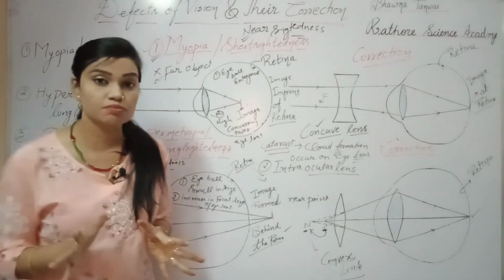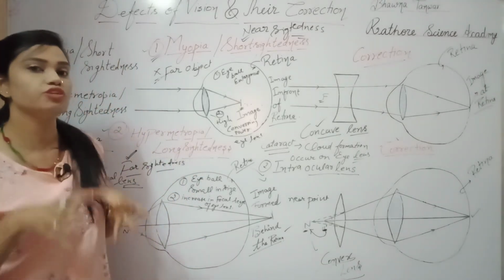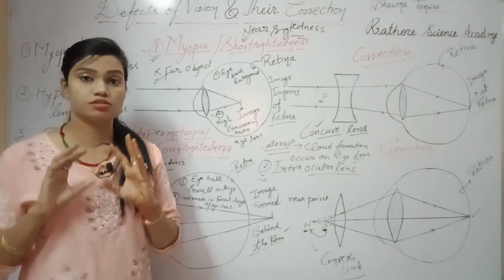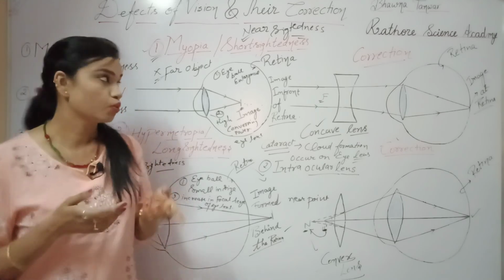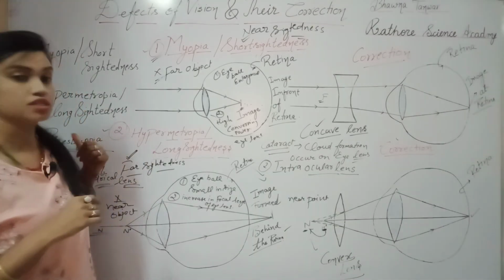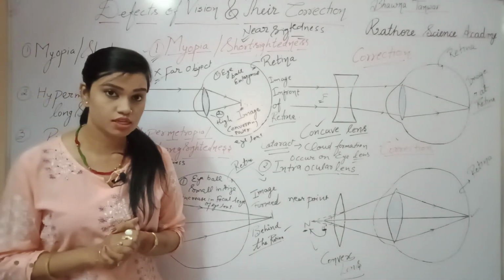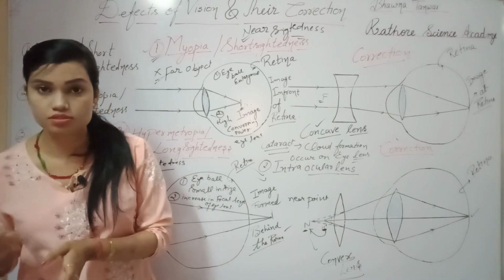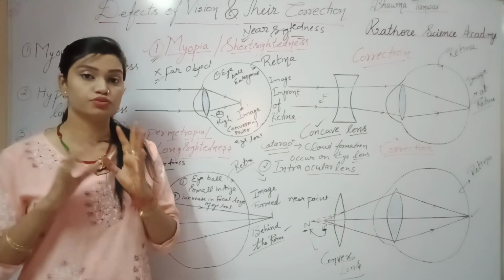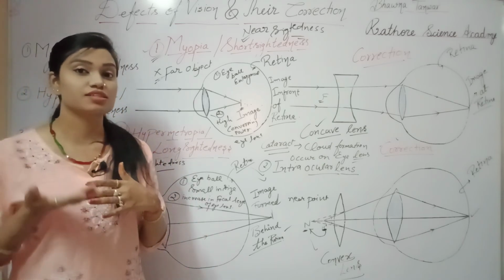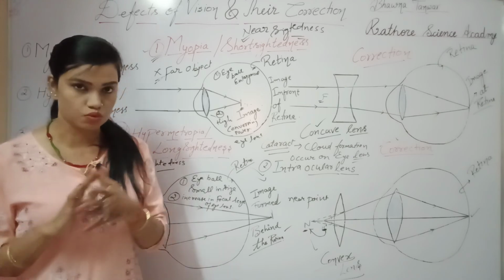Presbyopia. Presbyopia is a combination of myopia and hypermetropia. The person is affected by both. Which kind of lenses are used in presbyopia? Bifocal lenses, in which the concave lens is upside and the convex lens is downside.